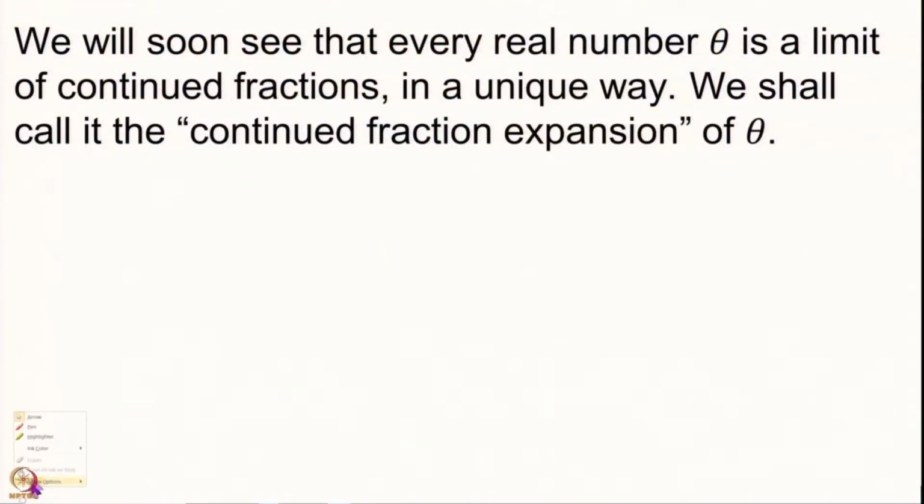So, we are not just looking at any limit of continued fractions approximating a given real number theta, but we would like these continued fractions to be related to each other in the sense that the nth continued fraction is obtained from the (n minus 1)th only by adding one last entry at the last level. This is how we would want to do it, and as you see on the slide, we would call such an expansion a continued fraction expansion of theta.